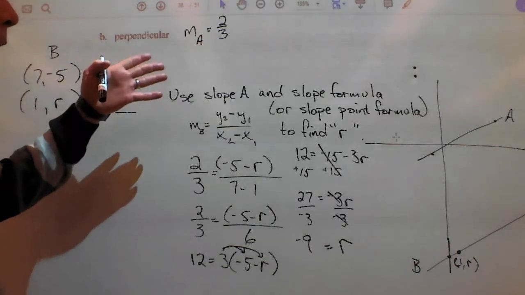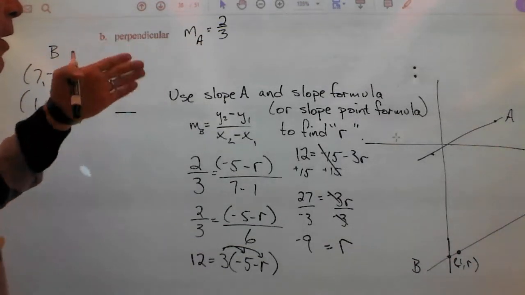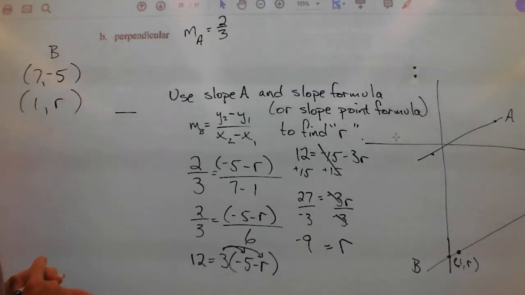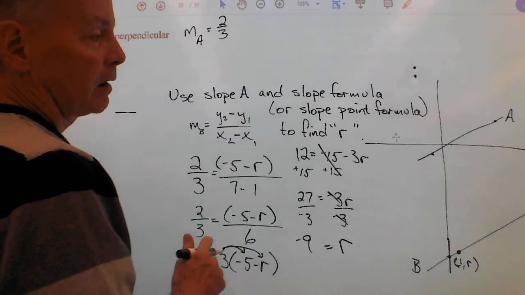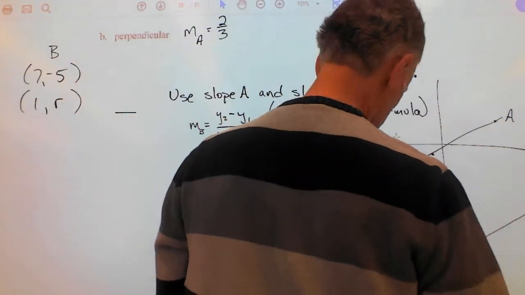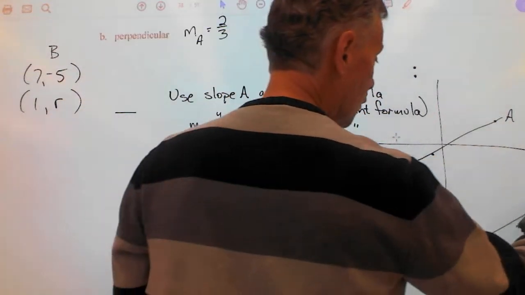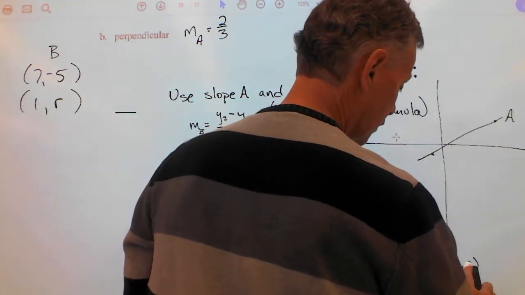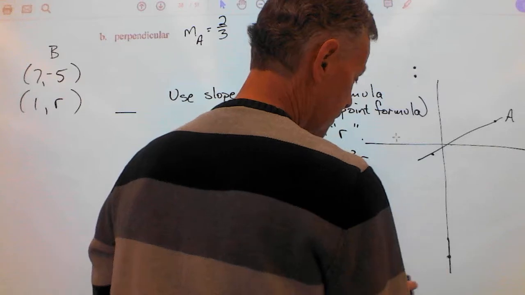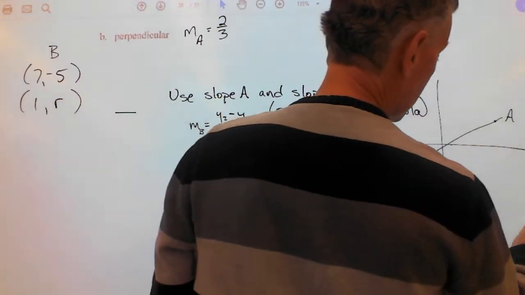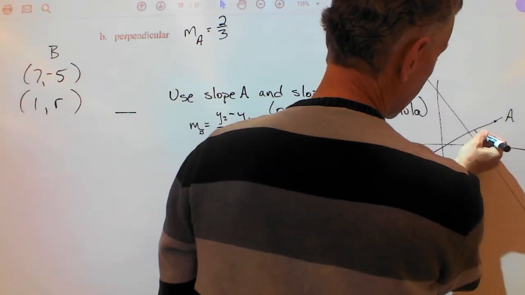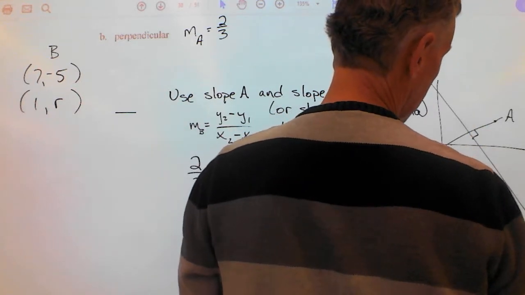Okay, so to find a value for r, given that they have to be perpendicular, remembering that if they're perpendicular, that means we are no longer concerning ourselves with a parallel line B. What we want now is a perpendicular line B. Okay?